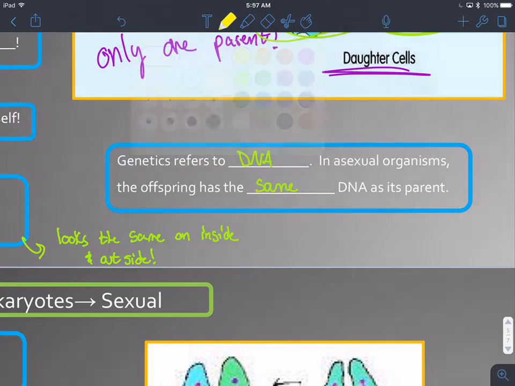And remember, DNA contains the body's code.